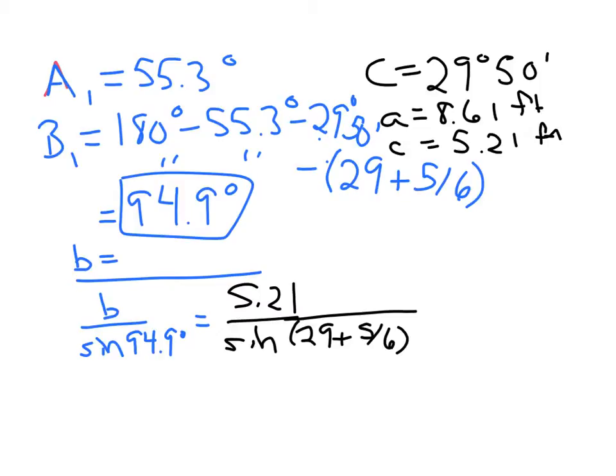Okay, and then to solve this equation, you would multiply both sides by sine of 94.9, so that it cancels here and you get B by itself. So multiply by sine of 94.9 here.